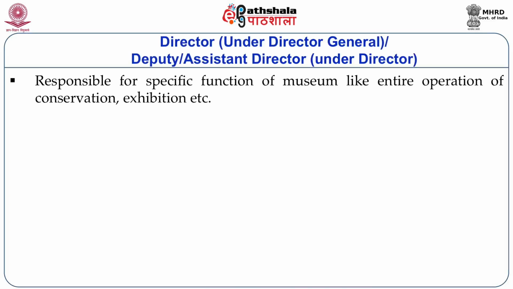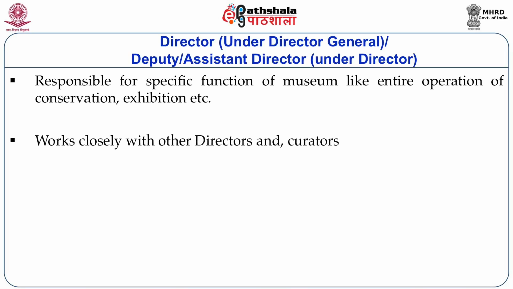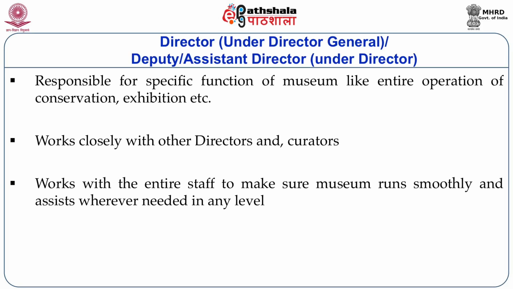The director is responsible for specific functions of the museum, like the entire operation of conservation, exhibition, etc. He works closely with the other directors and curators or the Director General. He works with the entire staff to make sure that the museum runs smoothly and assists wherever needed at any level. These are the main jobs of a director.